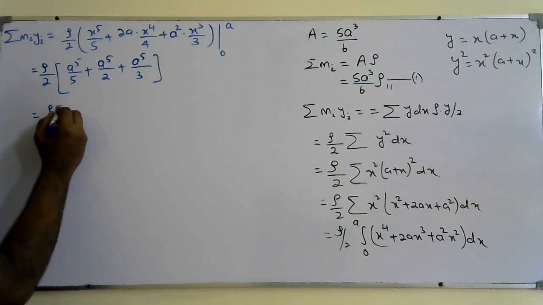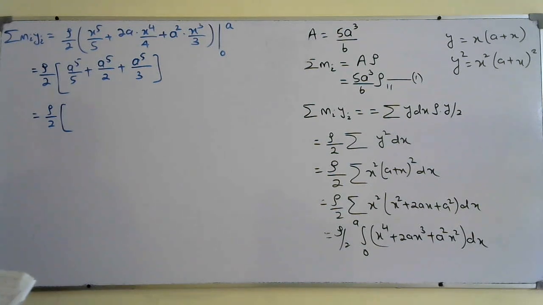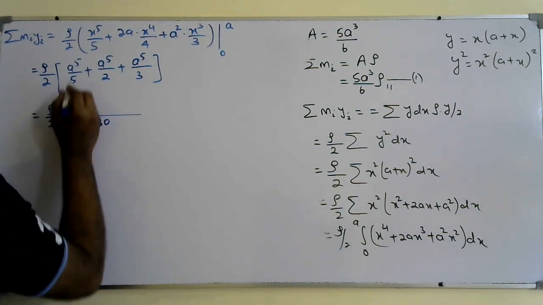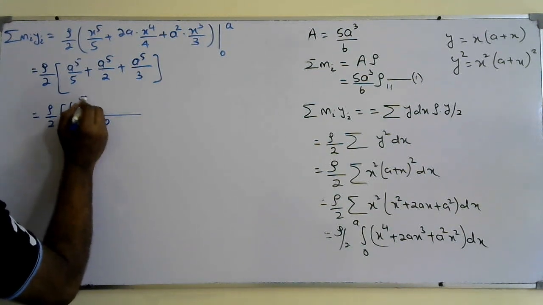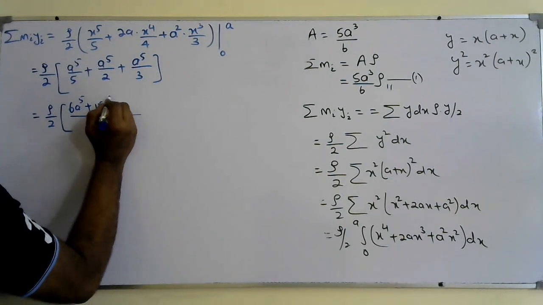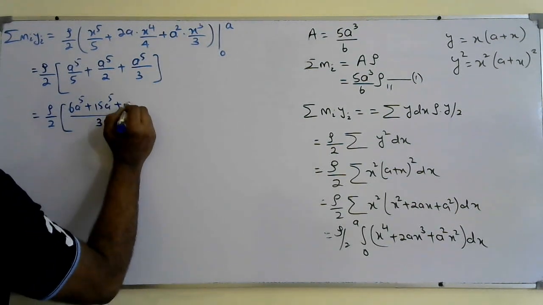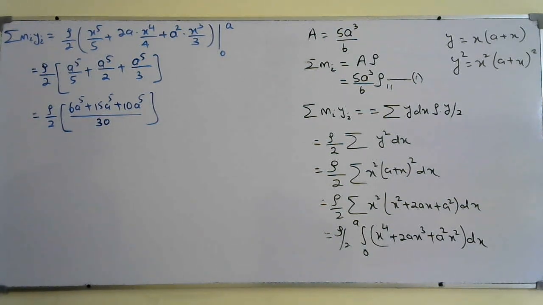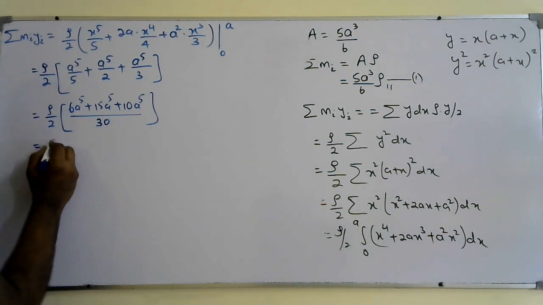Rho by 2. For this, we can take LCM 30. So it's going to be 6a to the power 5 plus 15a to the power 5 plus 10a to the power 5, so that will be rho by 2.